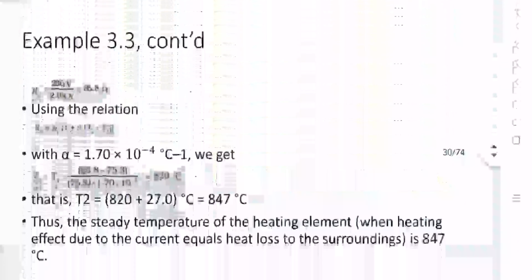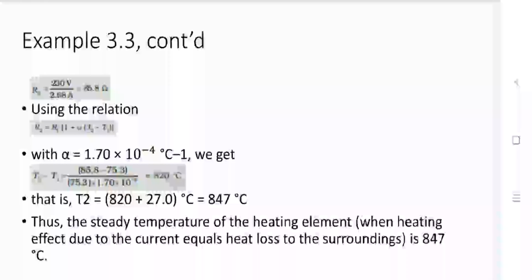With that, we can say that R2 is nothing but supply voltage over current, R equals V by I. Supply voltage is given as 230 volt and the current is 2.68 ampere, so the resistance is 85.8 ohm. Now we have the resistivity relation, rho T equals rho 0 into 1 plus alpha into T minus T0. Instead of rho we can define the resistance R. So R2 equals R1 into 1 plus alpha into T2 minus T1.